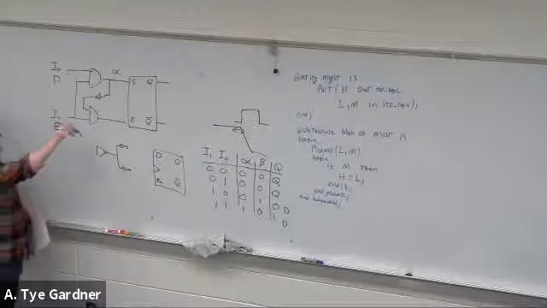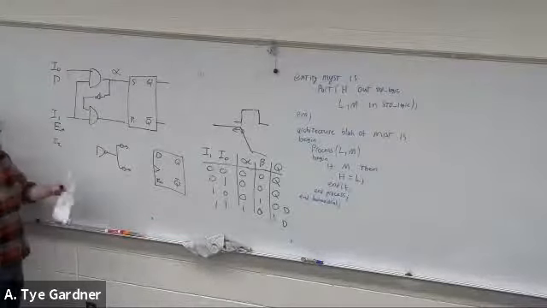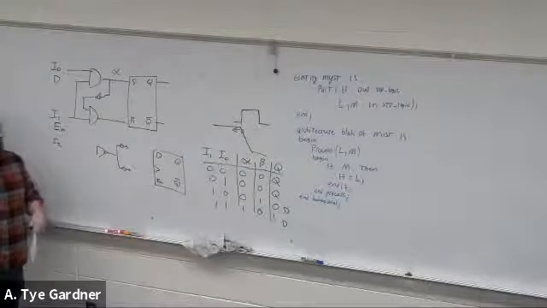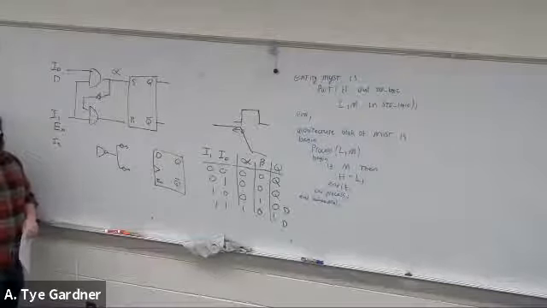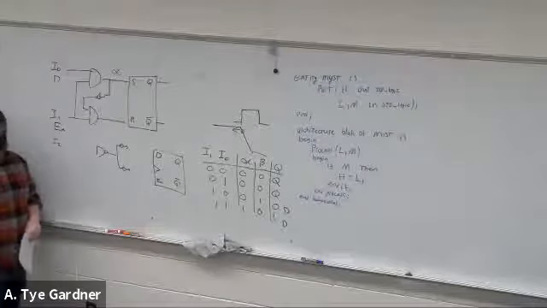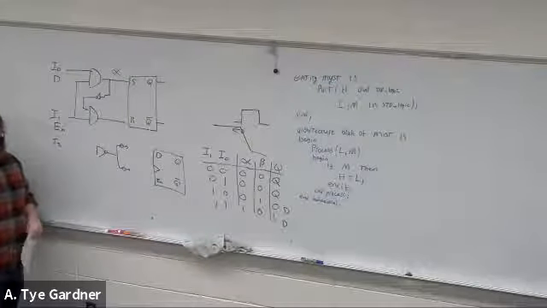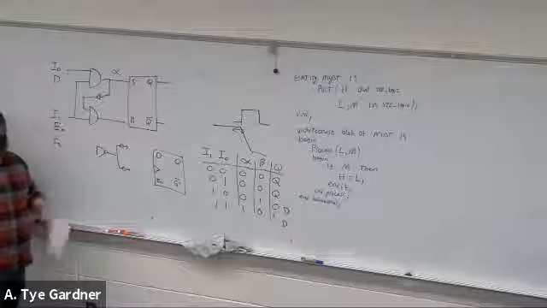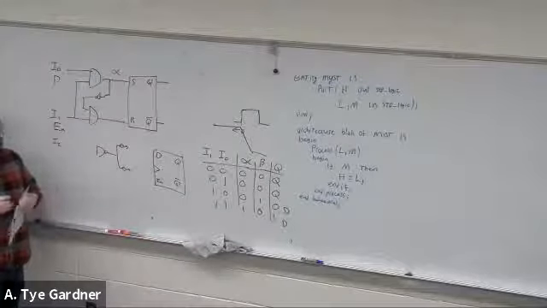But if I only have 1 SR latch, it's still just a different kind of latch. And there's only so many things I can throw at you in this, right? I can do an SR latch, a JK latch, a D latch, a D flip-flop, an SR flip-flop, a JK flip-flop, or a T flip-flop, right? I have a lot of different things that I can throw at you on this one.